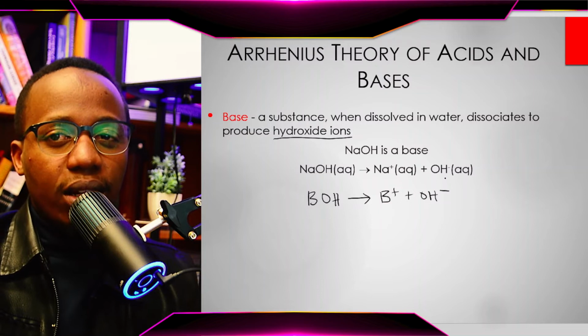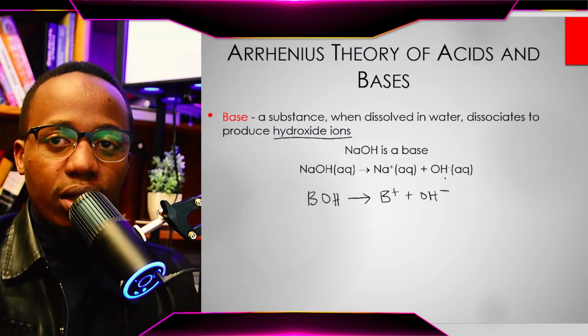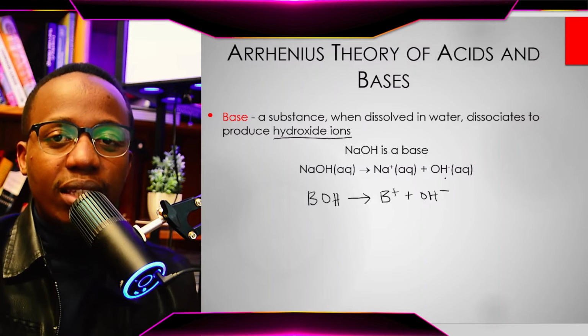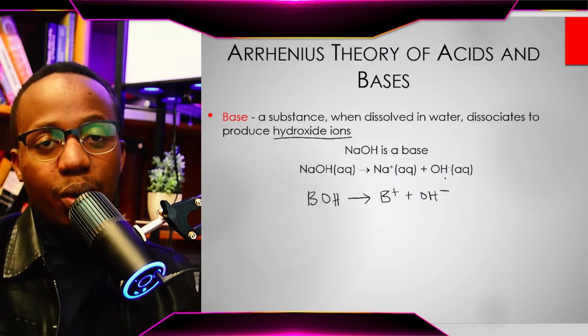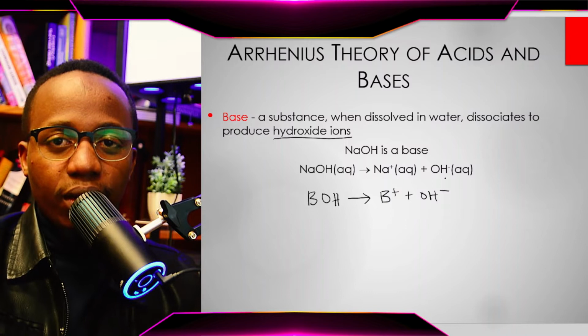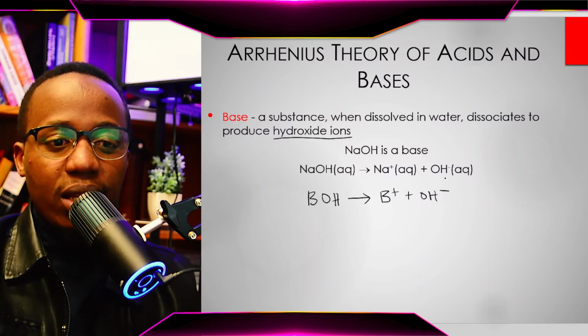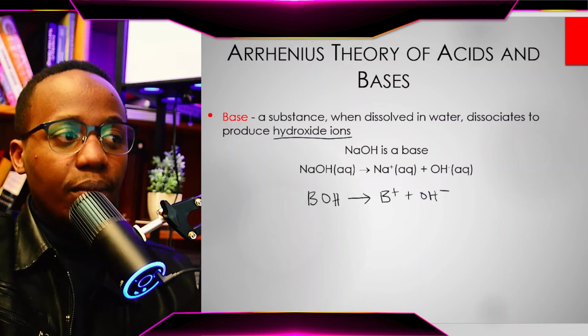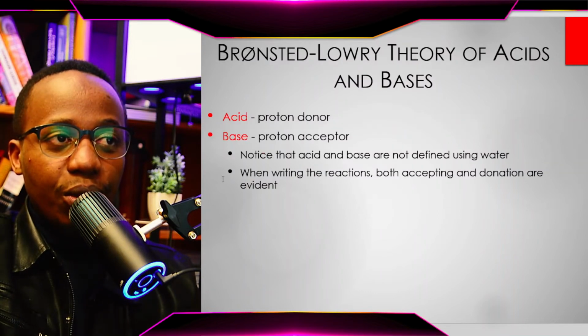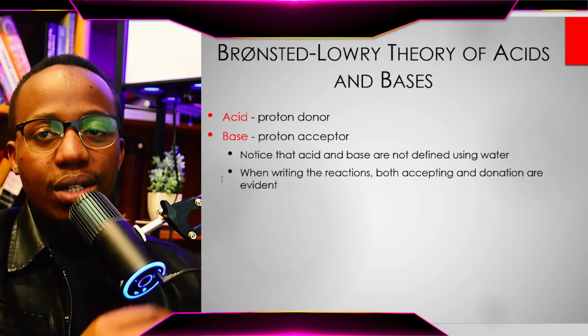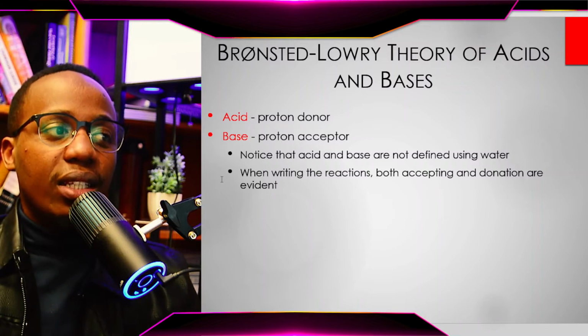So a problem comes where there are things in nature that behave like bases, but they don't fit this description. So science in general had to come up with a new definition of acids and bases. So this is where these two guys come in, Bronsted and Lowry. So Bronsted and Lowry simplified things.